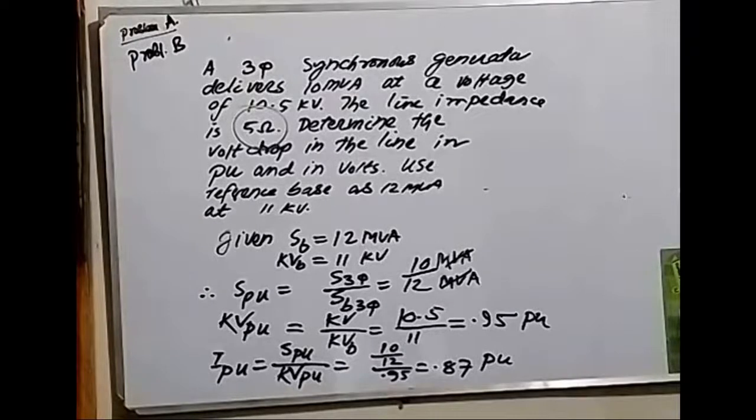Now the volt drop in the line. We want to calculate the per unit volt drop. It will be easier if we calculate the voltage drop in per unit, then we can convert it.